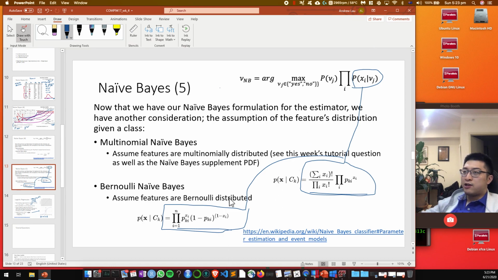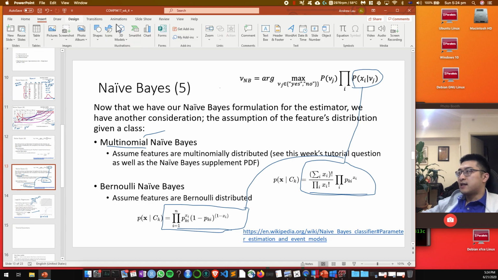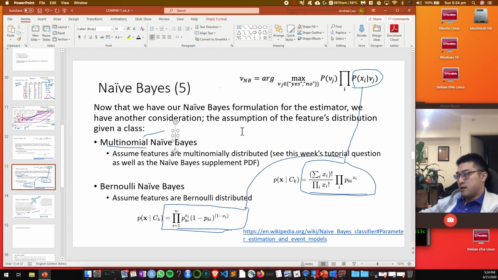The reason you can do this is that you make more assumptions. If you assume that all the features with respect to the target are multinomially distributed, you could look at this. If you assume they're Bernoulli distributed, you could look at this. Just for a bit of flavor, this is an extension of your binomial distribution, a generalization of your coin toss. So this is, say, the number of heads in n coin tosses.